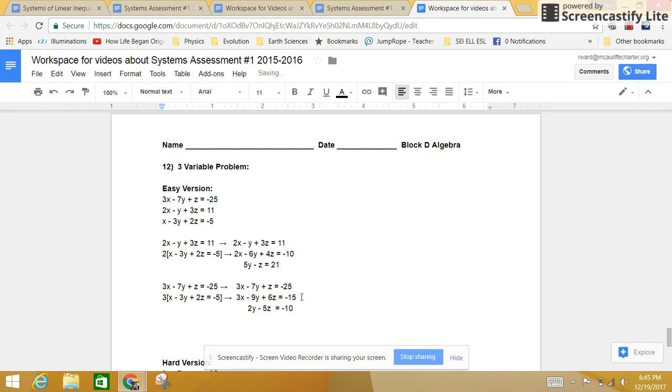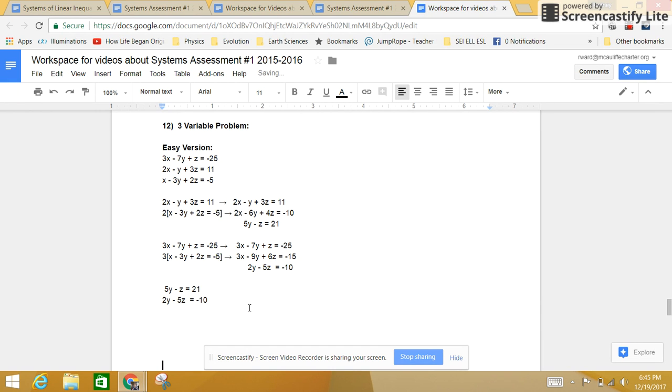All right, now notice I have this and this. I have two equations and just two variables. So I'm going to copy this one here, and I'm going to copy this one, and get to work on them. This time I'm going to have to do something to get the same coefficients.